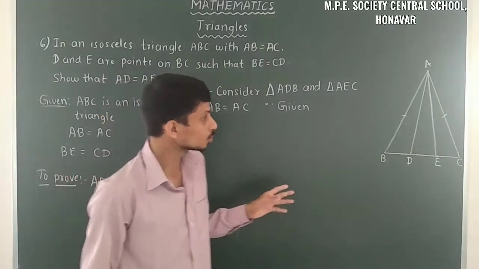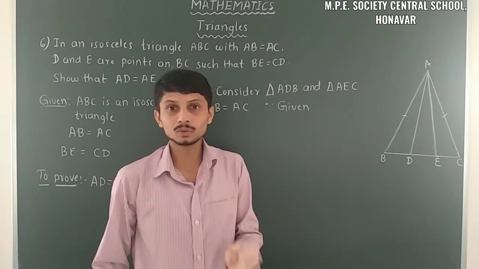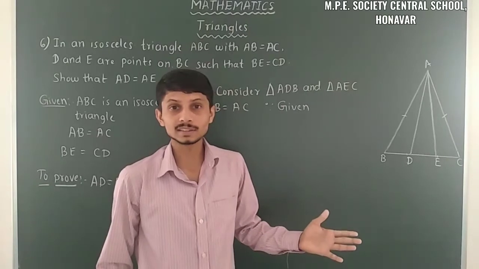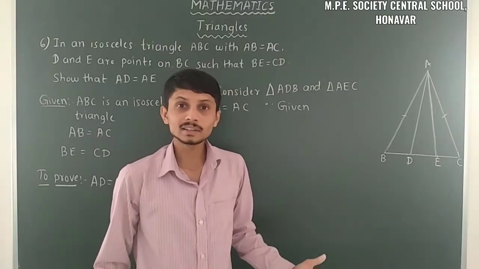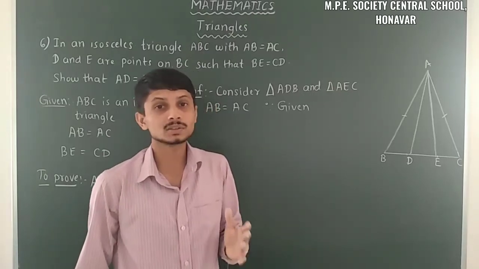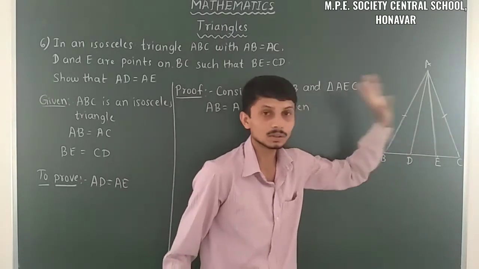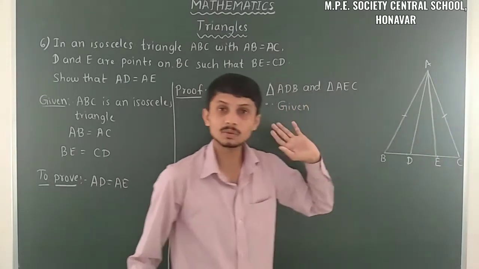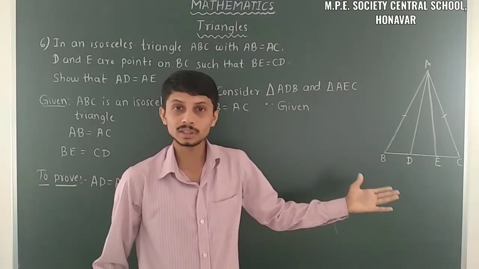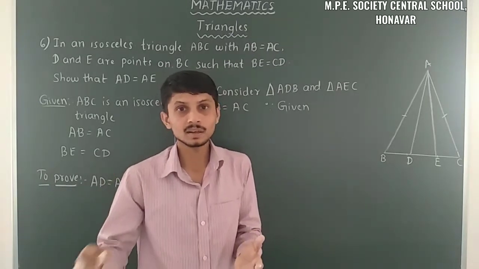Then we have theorem 7.2, which tells us that angles opposite to the equal sides of an isosceles triangle are equal.